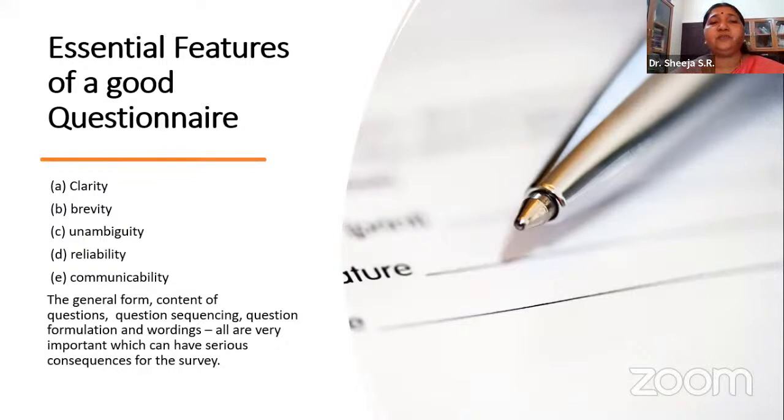We should not make any compromise in all these things, because all these can have very serious consequences in our survey. So we must be very careful about the general form of the questionnaire, the content of the questions, then sequencing, that is also very important, then question wording and formulation.